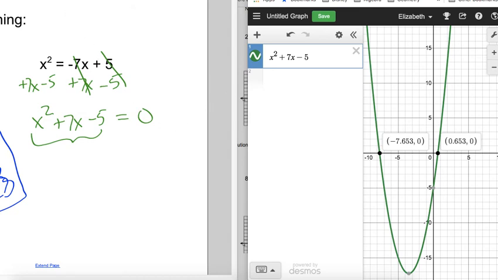Sometimes they're nice answers and sometimes they are ugly decimal values. So I am getting -7.653 and 0.653 for my solution set. And that's it.